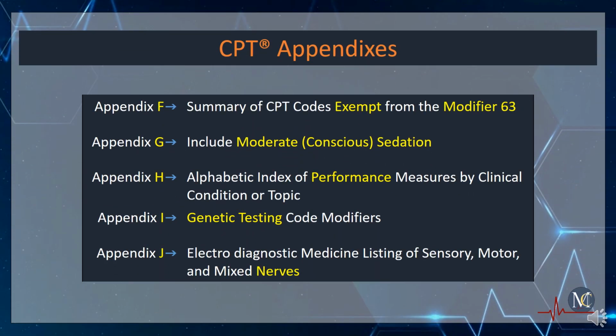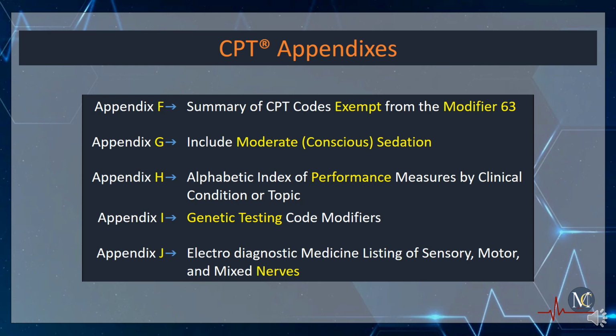Appendix F includes the summary of CPT codes which are exempt from modifier 63. Appendix G has codes in which moderate sedation is included. Appendix H is for the alphabetic index of performance. Appendix I has all genetic testing code modifiers.